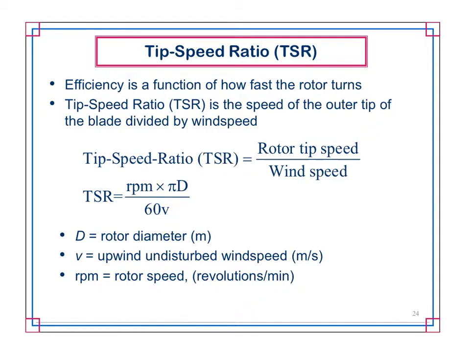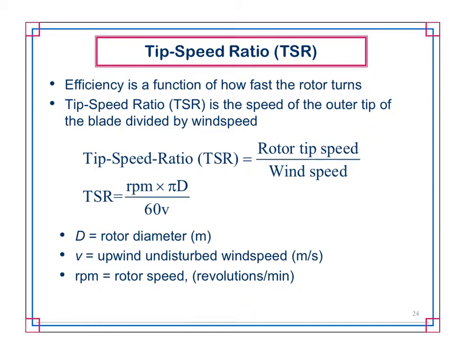But how does that relate to real-world practical turbines? Well, we've already talked about the wind. We want to extract energy, and when we do, it slows it down. If we have blades that are spinning at very high rates of speed, or blades coming by fast enough so that the air particles from before are still slowed down and haven't had a chance to get out of the way, you're going to reduce efficiency.